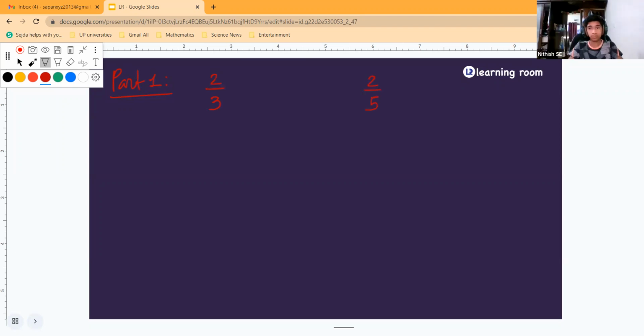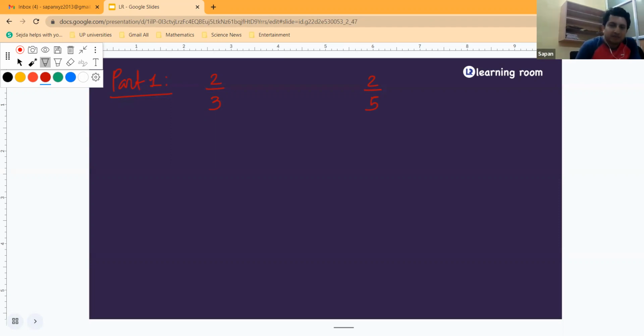Can you tell quickly which is terminating and which is not terminating? 2 by 3 is non-terminating, 2 by 5 is terminating. Very good. You could tell because you know how to divide all numbers. But if I give you big numerators and denominators, it will take some time. So what is the strategy to quickly tell whether a number is terminating or not?